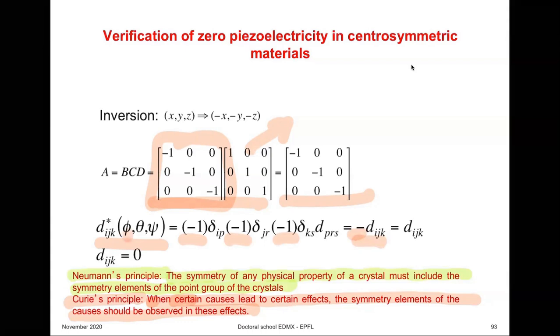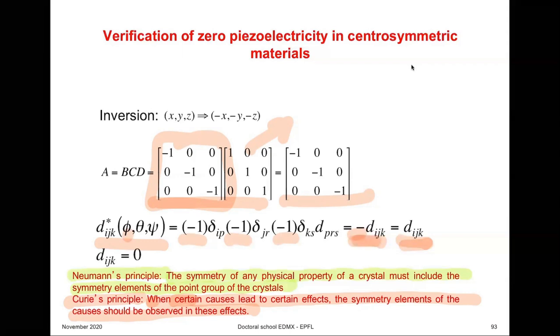In an arbitrary direction, when we make an inversion, d_ijk must be equal to minus d_ijk, and according to Neumann's principle, that has to be equal to itself. Under inversion in centrosymmetric materials, we repeat the crystal, and by Neumann's principle, we have to obtain the same piezoelectric coefficient.